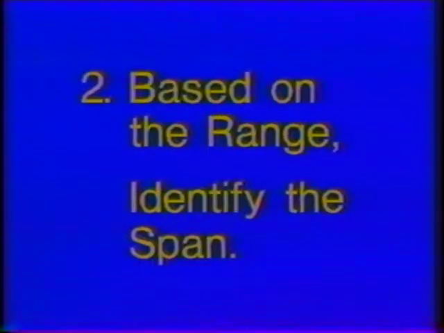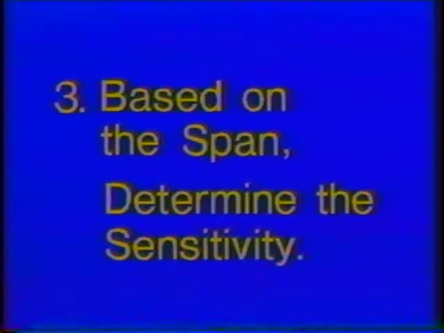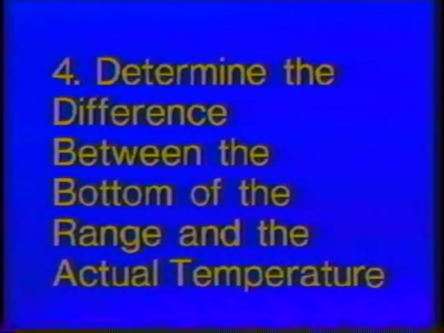Let's review the steps involved in making this calculation. First, identify the range of the transmitter. Second, based on the range, identify the span. Third, based on the span, calculate the sensitivity. Fourth, determine the difference between the bottom of the range and the actual sensed temperature.